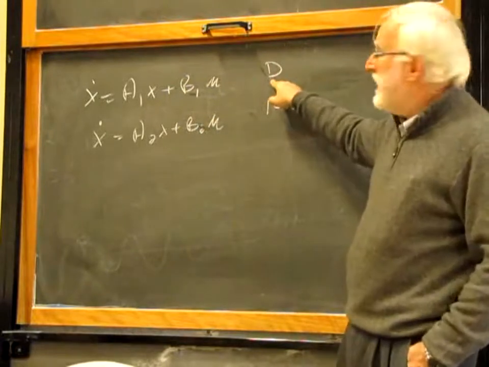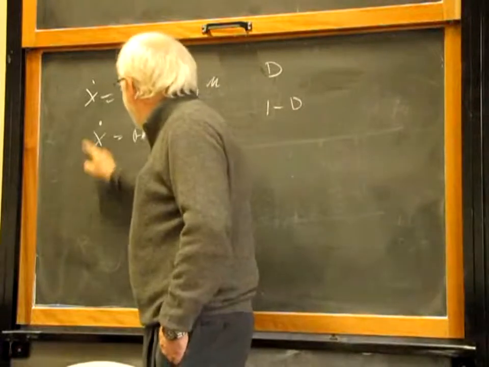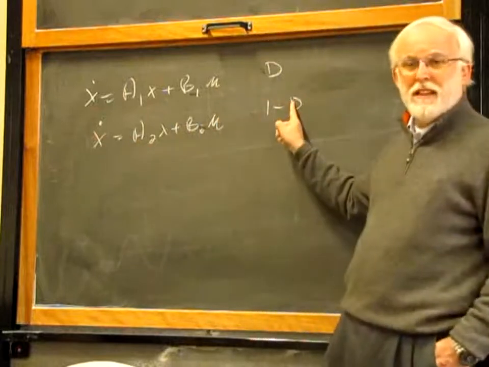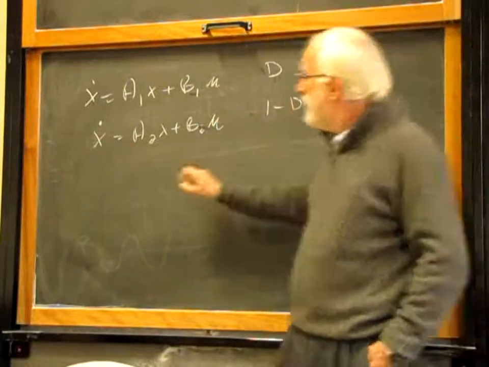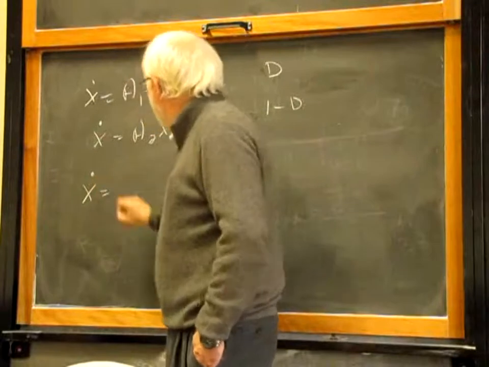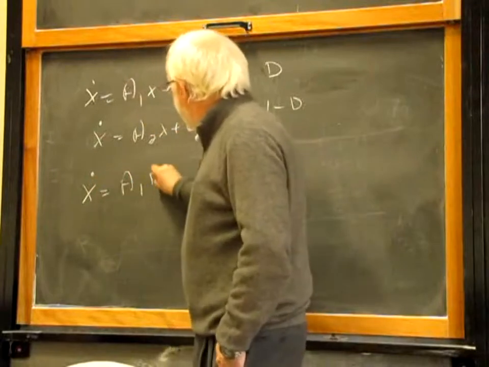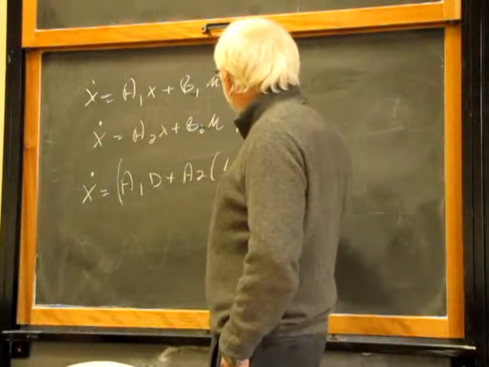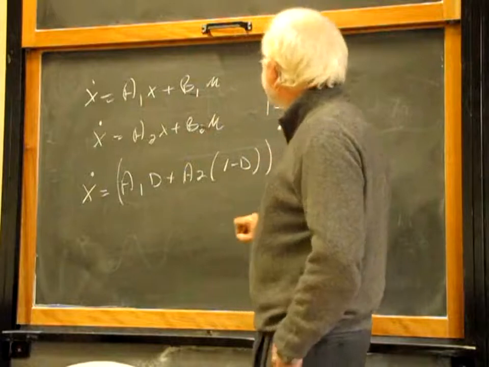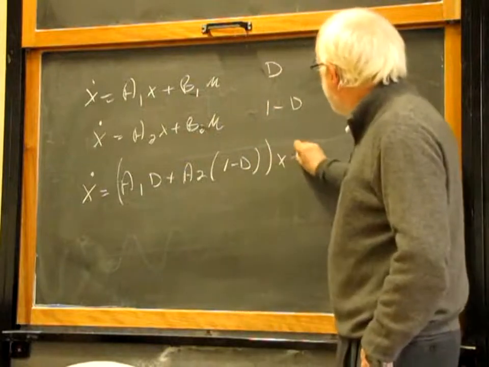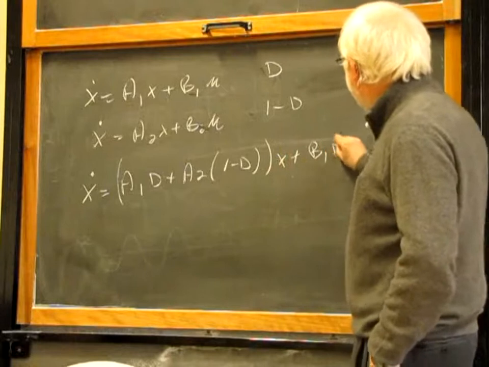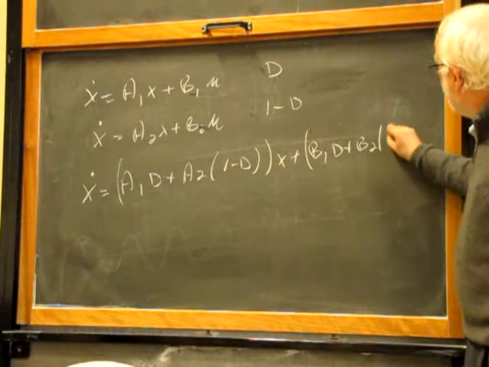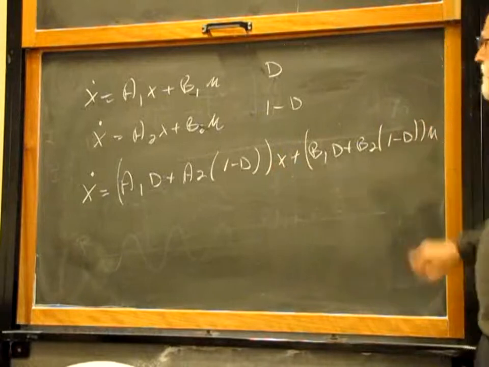When I multiply by D, I get something like x dot that multiplies D plus x dot that multiplies 1 minus D. Just like x dot. x dot equals A1 D plus A2 times 1 minus D, times x, plus B1 D plus B2 times 1 minus D, times u.